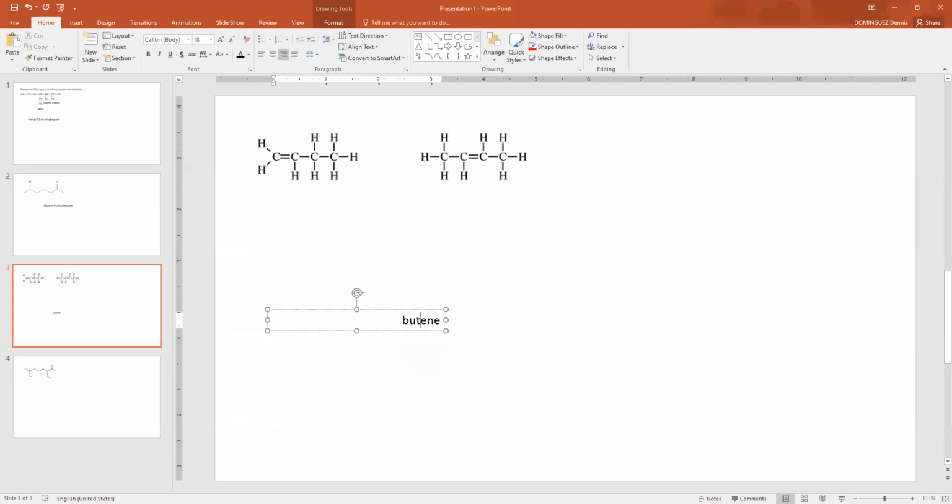So butene. Now we'll find the position of the double bond. It should be the lowest possible. So 1, 2, 3, 4. It is on the first carbon. It can also be on the second carbon and so on and so forth.